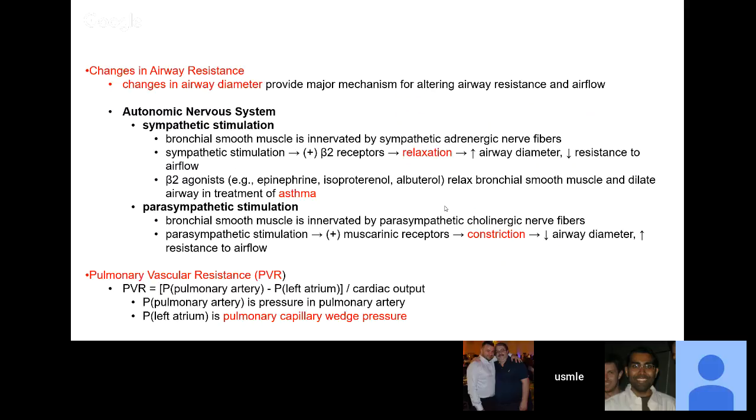So the best thing is, especially when you give albuterol, the airways open up right away, systemically within seconds, allowing them to breathe. Obviously, it's going to depend on what type of asthma you're talking about, severe asthma versus non-severe asthma. And albuterol is one of the treatments used every day by asthmatic patients.